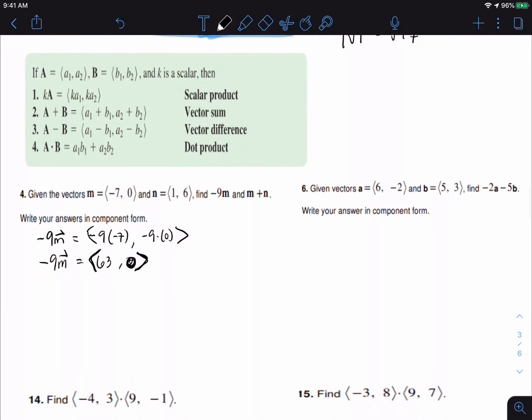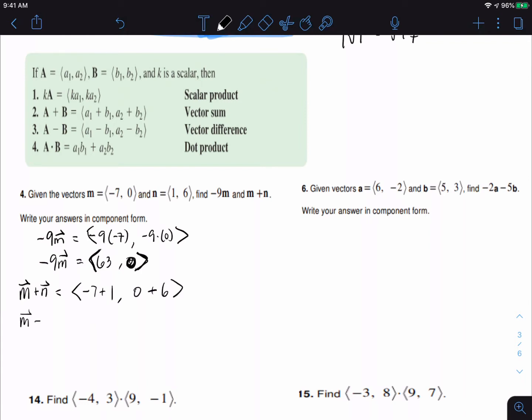Okay. So then m plus n, so vector m plus vector n is going to be equal to negative 7 plus 1, comma, 0 plus 6.